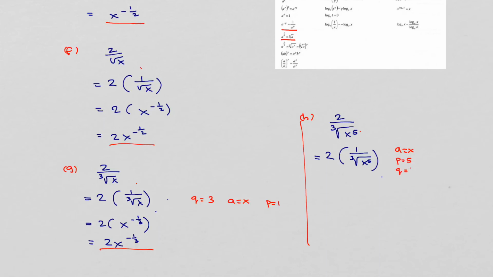And the root is 3. And of course, the 1 over is giving me this negative sign. So in other words, that's 2 times x to the power of minus 5 over 3. So in other words, that's 2x to the power of minus 5 over 3. So the minus power always comes from 1 over. So if ever we have 1 over something, there'll always be a negative power.